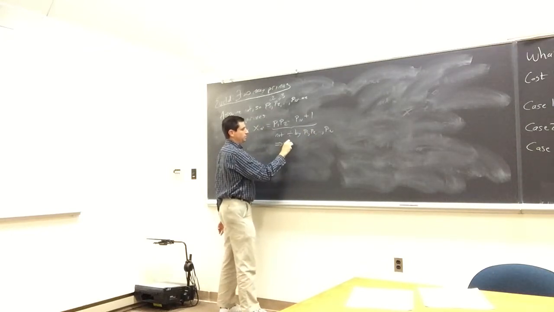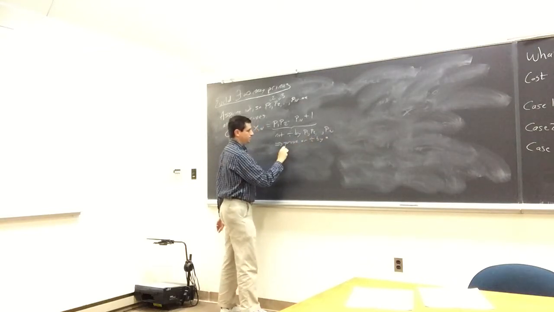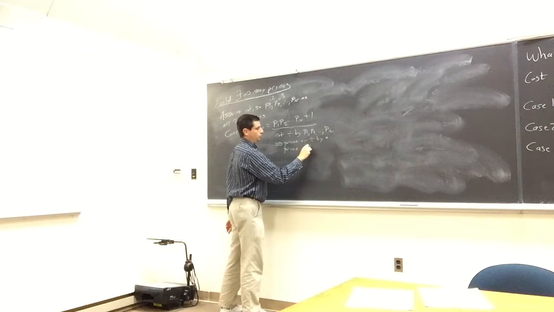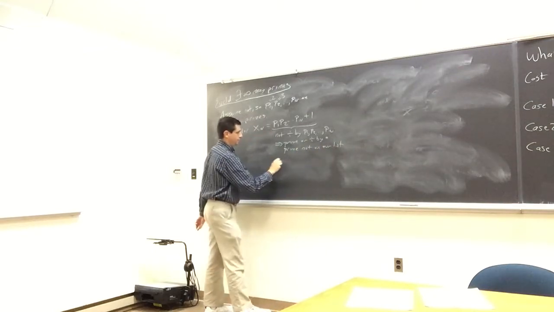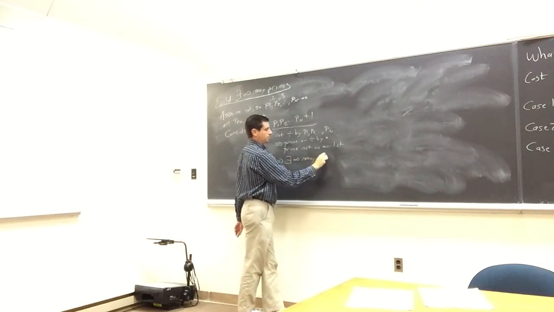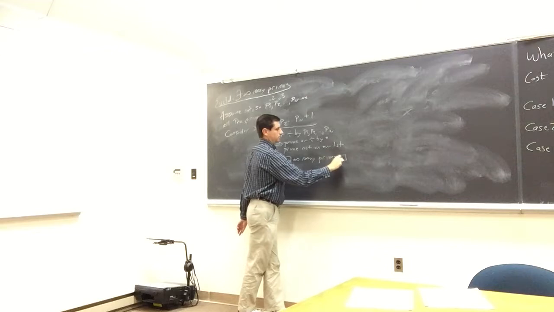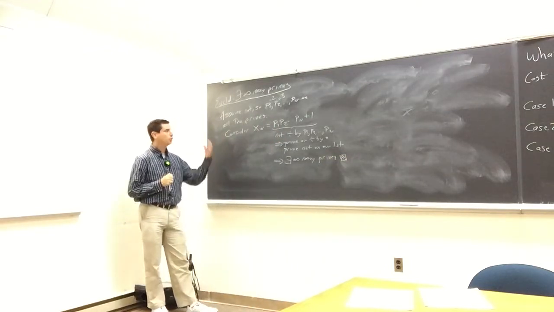Therefore, it's prime or divisible by a prime not on our list. Therefore, there exist infinitely many primes. Okay. This is one of the oldest proofs that still is taught.